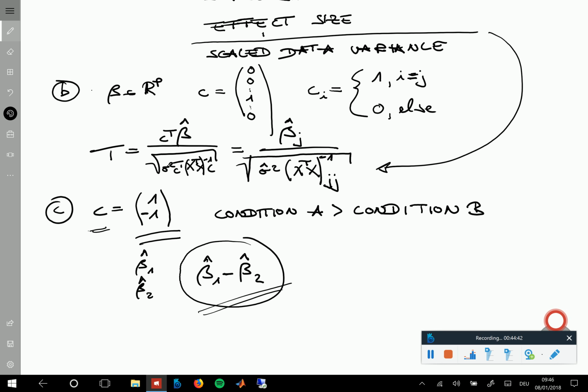By first computing the beta estimate and then the variance estimate and then putting these two together while simultaneously specifying a contrast vector, you can compute this t statistic, and importantly, you get a single number. This single number represents a ratio of the effect size with the data variability, unfortunately scaled by the number of data points.